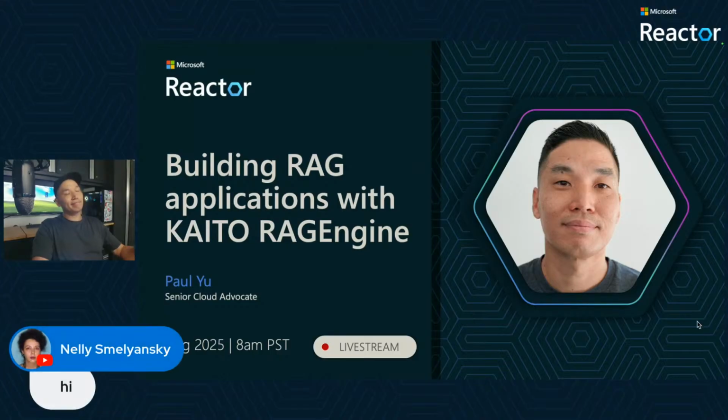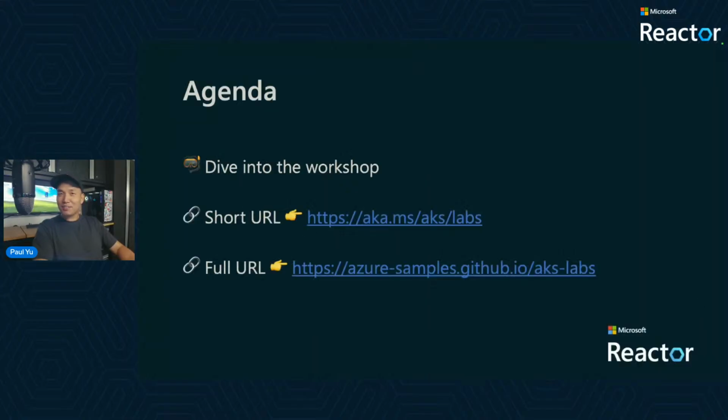And so I don't like slides particularly. I just have it up just so that we have some sort of reference point. But this is all we're going to do here. We're just going to dive into the workshop. These are the two URLs, well, you only need one URL, but I have a backup URL just in case. This is the short URL, aka.ms/AKS/labs, and you'll be taken to the AKS Labs workshop site.